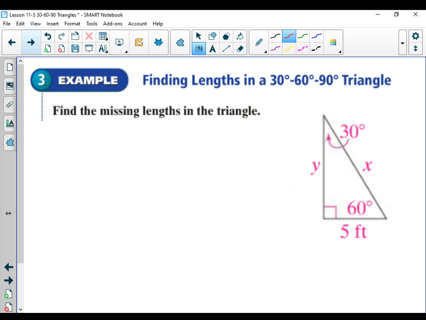I have 1, 2 are missing. What do you think I would call 5? The short leg. If I know the short leg, I can find the hypotenuse really fast. 10. How did we do that so fast? We're just so smart.